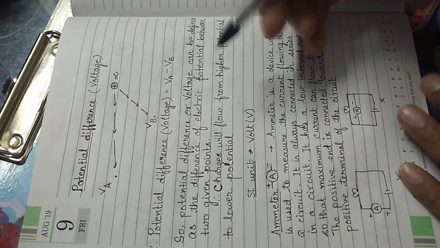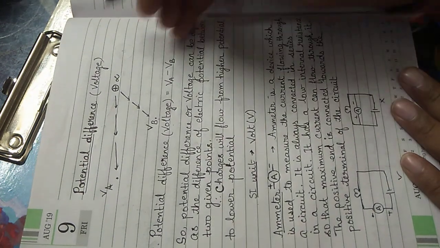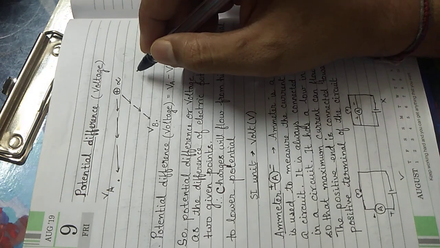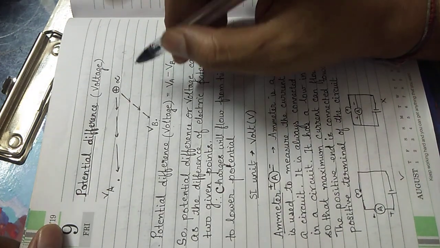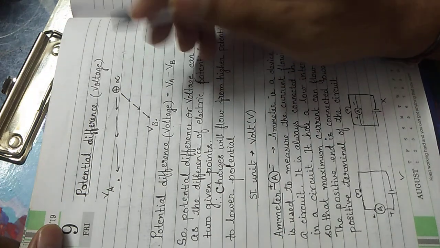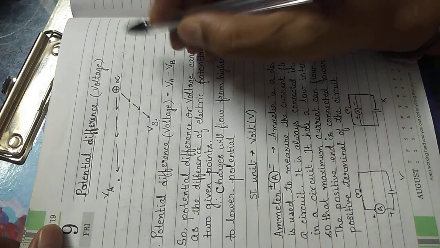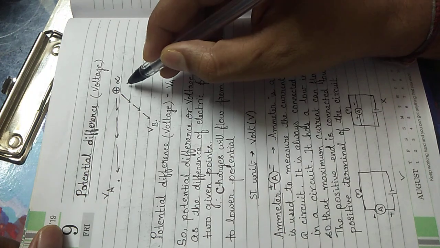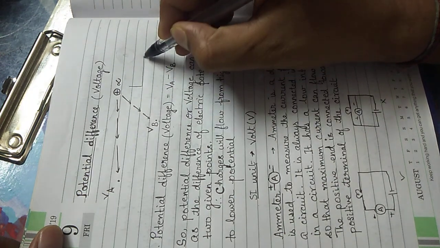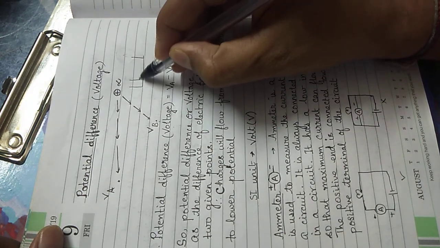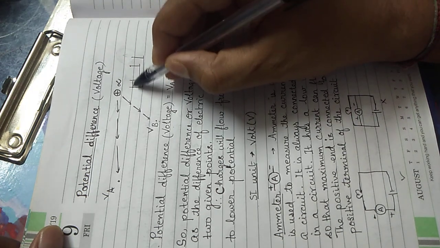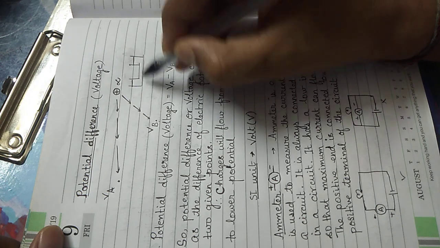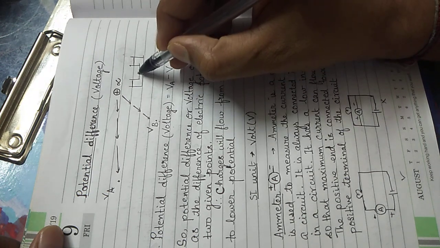Now a more easy way to understand this, because for any concept in electricity, if we try to make it simpler, we always have to equate it or understand it with the help of the flow of water. Now suppose there are two vessels connected by a tube in between, and both the vessels have water at the same level, and there is a valve in between.